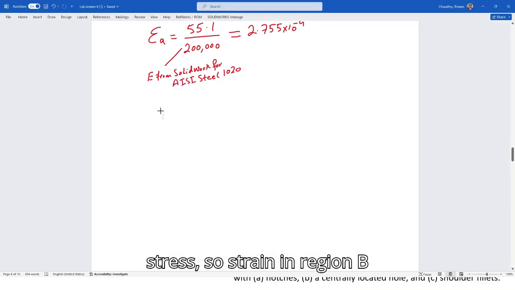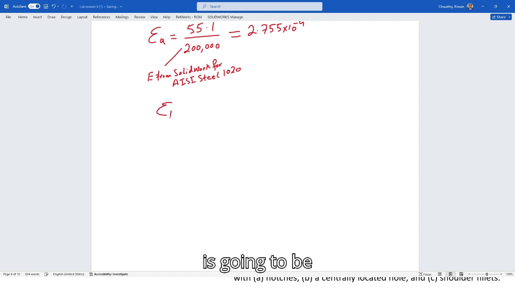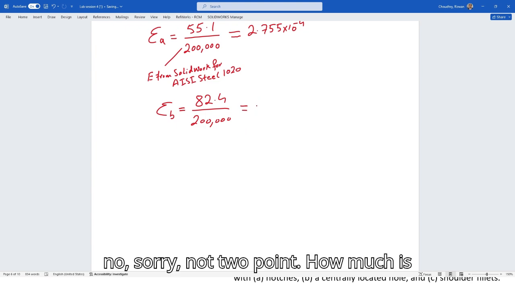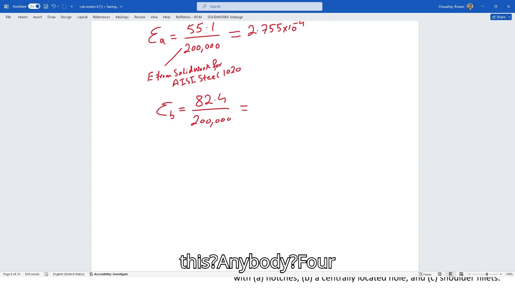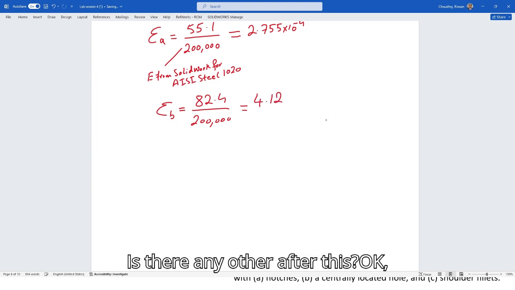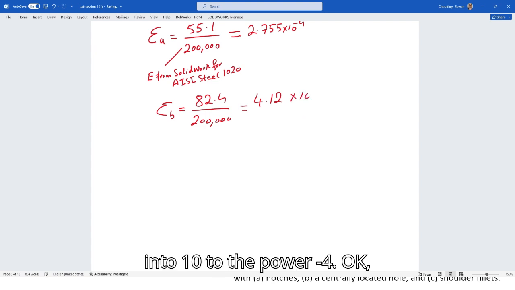So the strain in region B is going to be 82.4 divided by 200,000. How much is this? Anybody? 4.12 into 10 to the power minus 4.